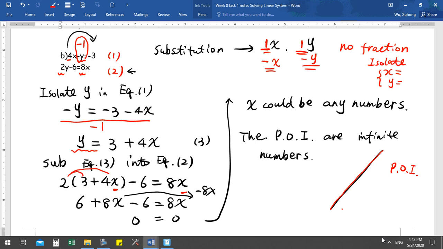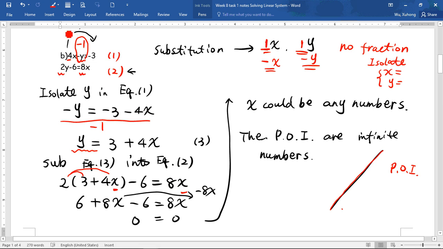And if you have a question that is similar with this one, but you have 0 times x equals another side is not 6 minus 6, it's a number, then this one 1 equals 0 is untrue, then no point of intersections. And what this one means is you have two parallel lines, then there's no solutions, okay?